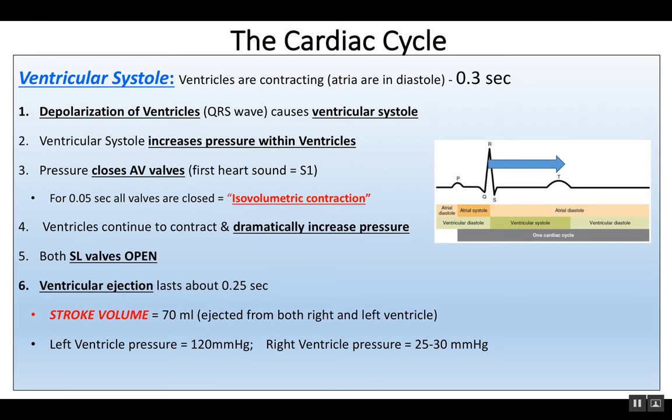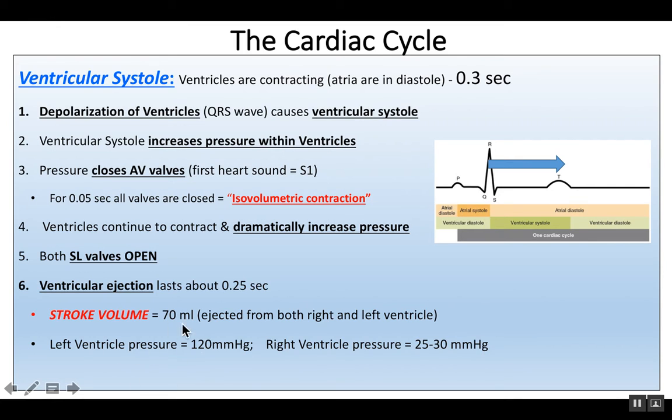How much pressure does it take to move 70 milliliters? Well, the left side takes a lot more pressure. There's more pressure in the systemic circuit than the pulmonary circuit. Therefore, there's more pressure to overcome to open the semilunar valves. It takes more pressure to move that blood because there's more blood moving in the systemic side than the pulmonary side.